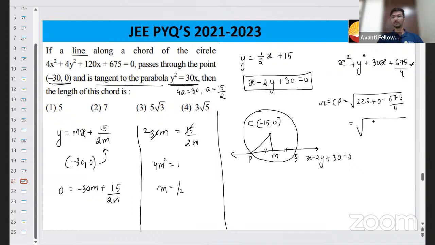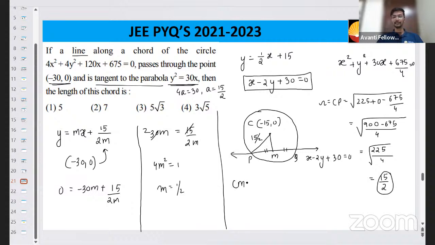That means under root of 900 minus 675 upon 4, 225 upon 4, which is 15 by 2. So this distance is 15 by 2.